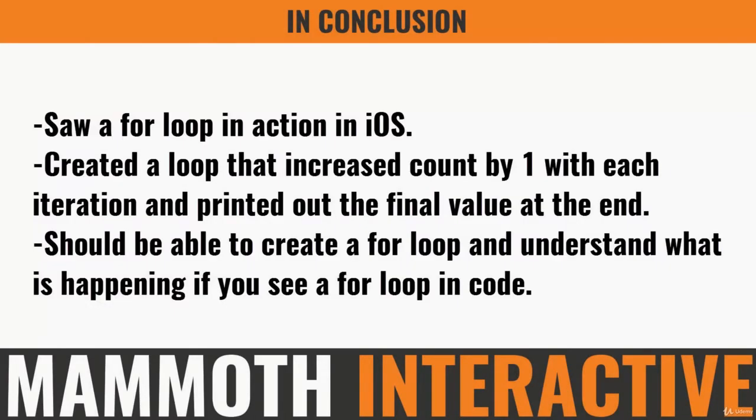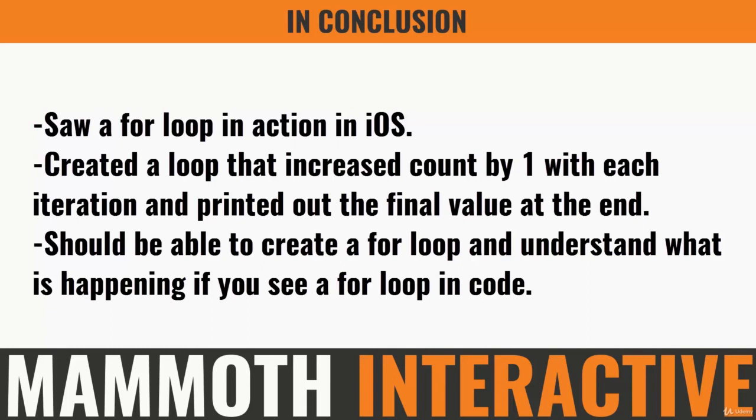In this part of the tutorial, we saw a for loop in action and we used iOS to code it. So we created a loop that started at 0 and incremented by 1 and ran until 5, so that was 5 iterations of this loop. All it did was increase count by 1 each time, so count was just our integer variable.